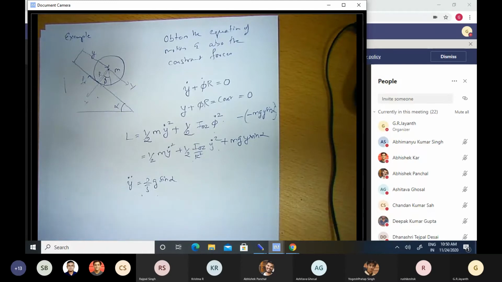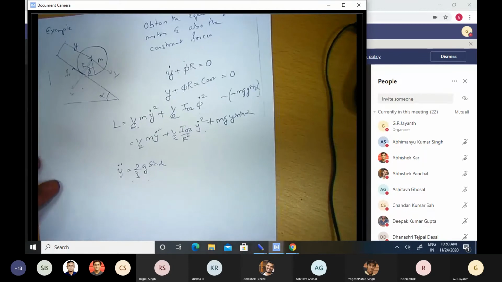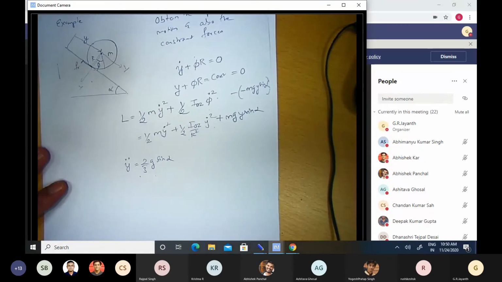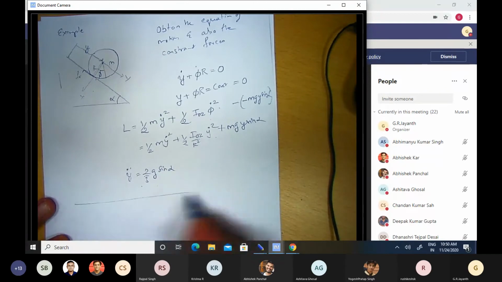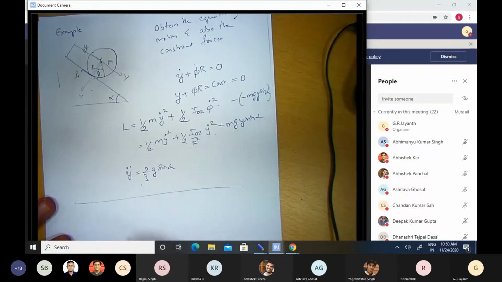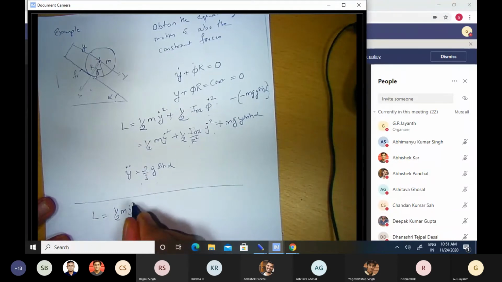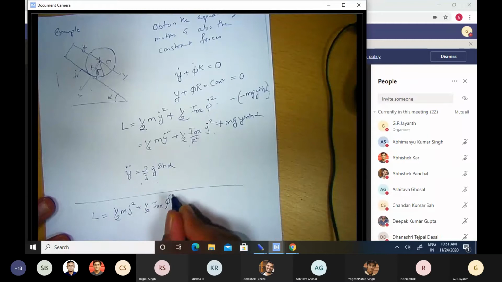So how do we determine the constraint forces? If we follow the same steps that I outlined earlier, first we write down the Lagrangian, assuming that there are no constraints. So the Lagrangian will be the same as what we had before, half m y dot square plus half I0z phi dot square.